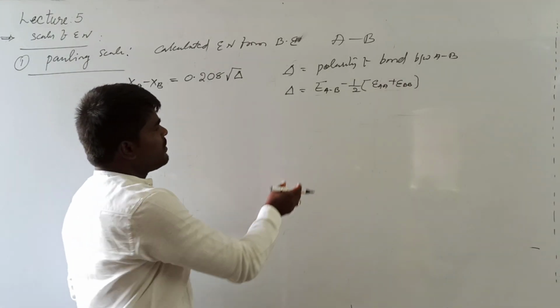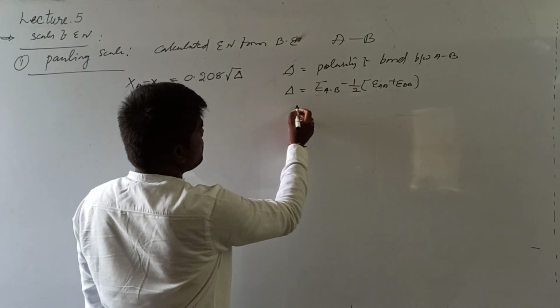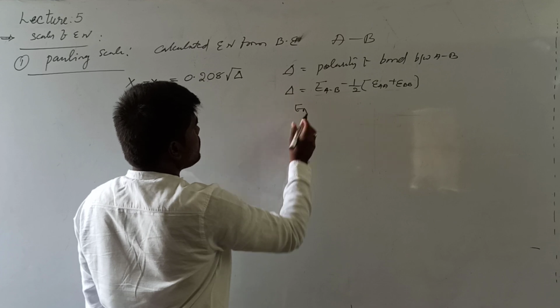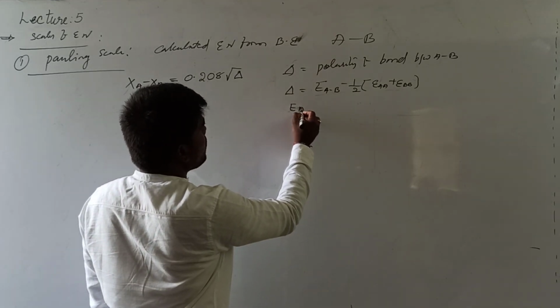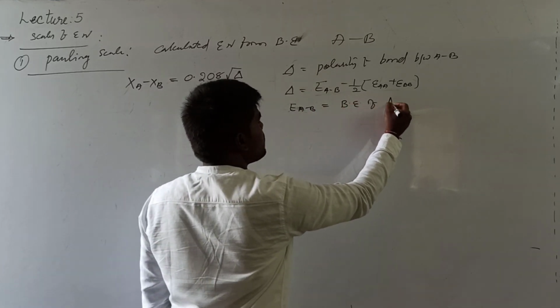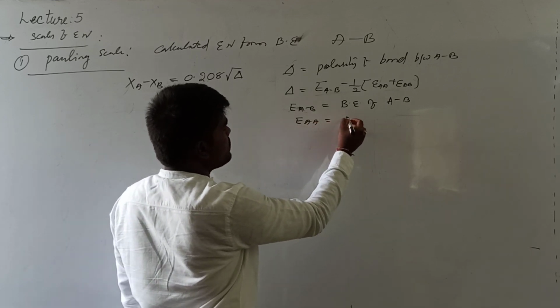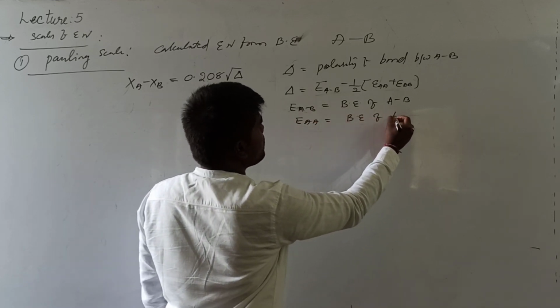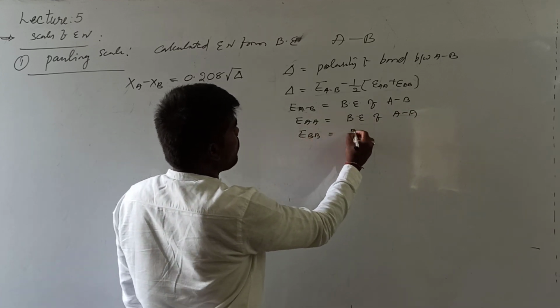This is the formula of delta. The terms involved here are: E AB is the bond energy of AB, E AA is the bond energy of AA, and E BB is the bond energy of B and B.